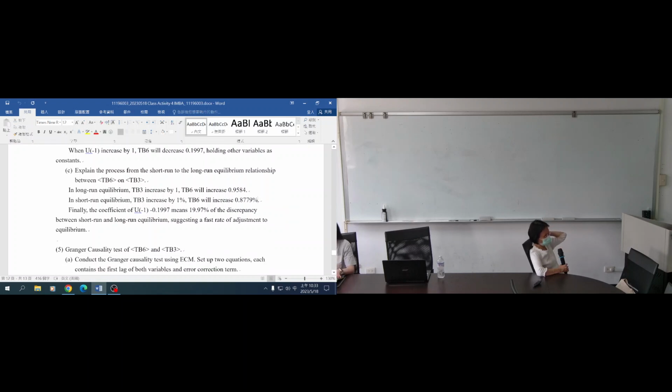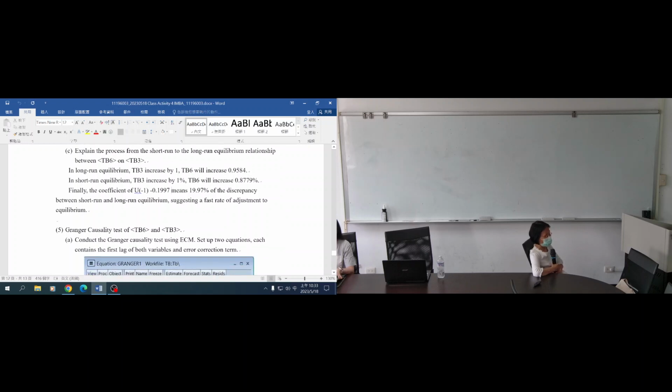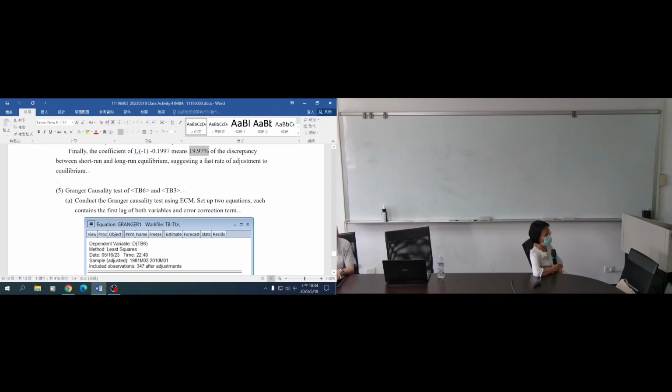And finally, the coefficient of the residual means 90.97% of the discrepancy between short run and long run equilibrium, suggesting a faster rate of adjustment, because as you can see, it's like 20%, which is pretty fast.